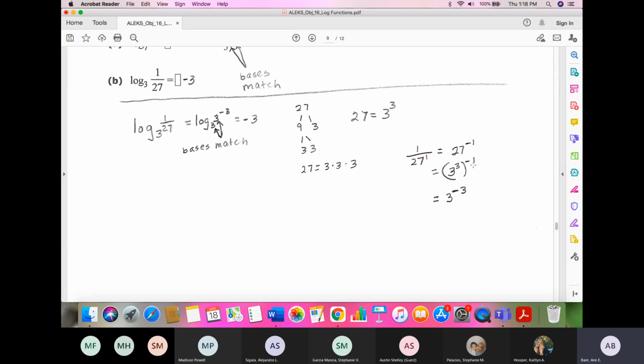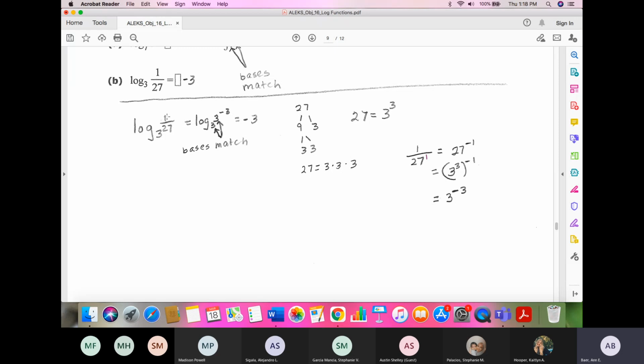3 times negative 1, that gives us 3 here, gets copied down. 3 times negative 1 is negative 3. So power raised to a power, you multiply the exponents. So 1 over 27 is 3 to the negative 3.